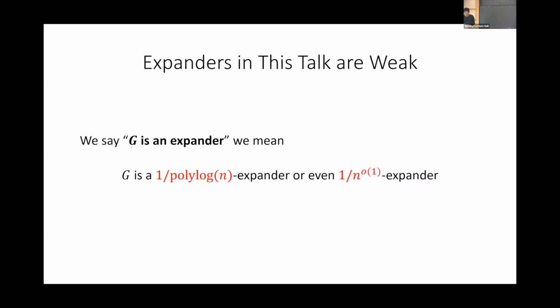When I say that the graph G is an expander, I mean that G is a 1/polylog expander or 1/subpolynomial expander. It's a super weak one, but we need to work with this because we need to work with arbitrary graphs, and we will try to find this kind of expander inside any arbitrary graph.